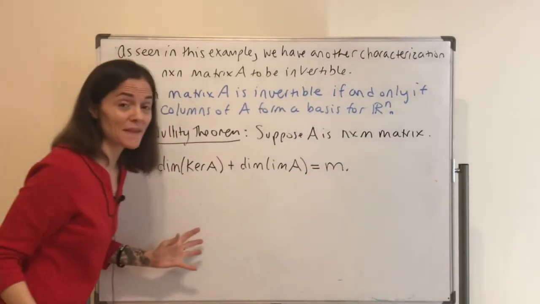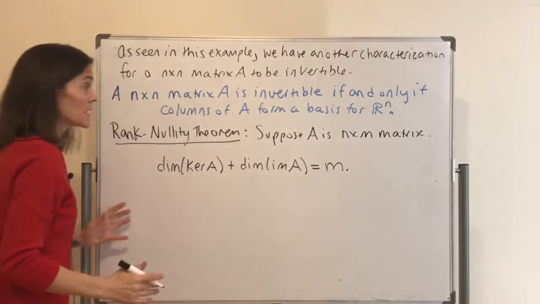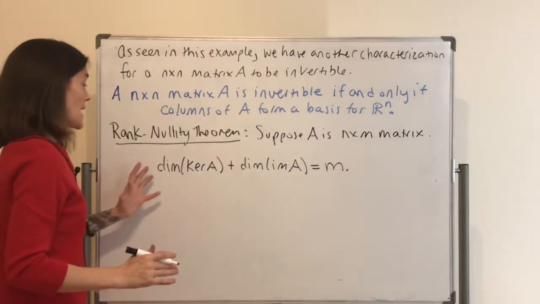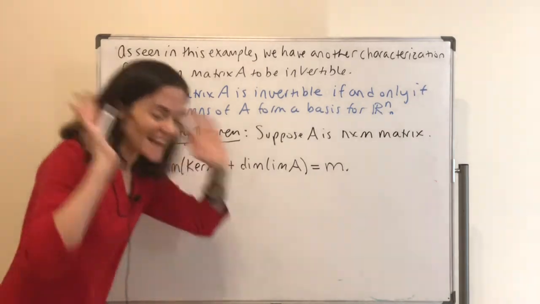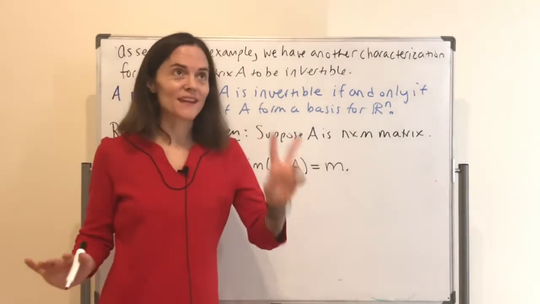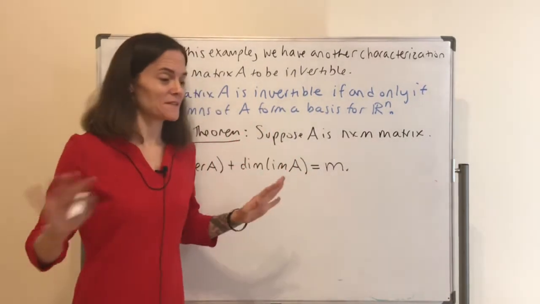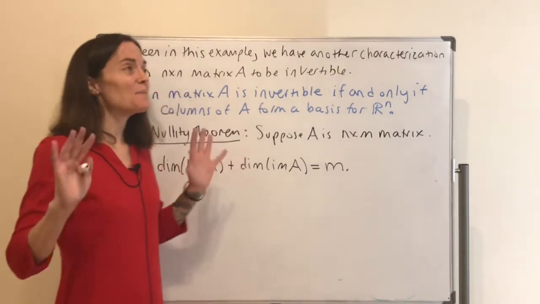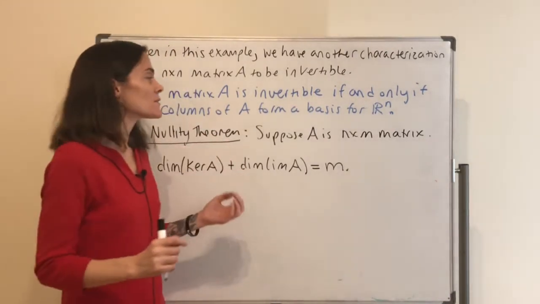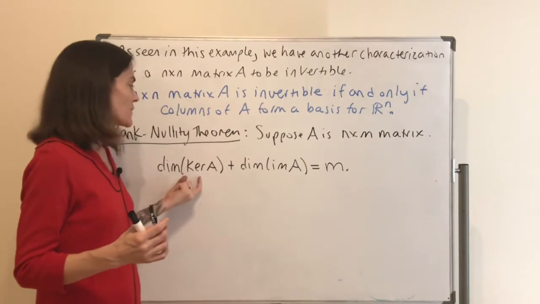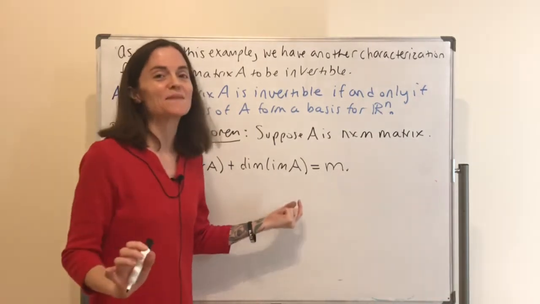Well, I even talked about that in this first example before I even had defined dimension. And I talked about this or mentioned it 2 videos ago at the very end, and I hadn't even defined linear independence. But we had gone through the procedure, really, of finding a basis for the kernel and finding a basis for the image in that video.